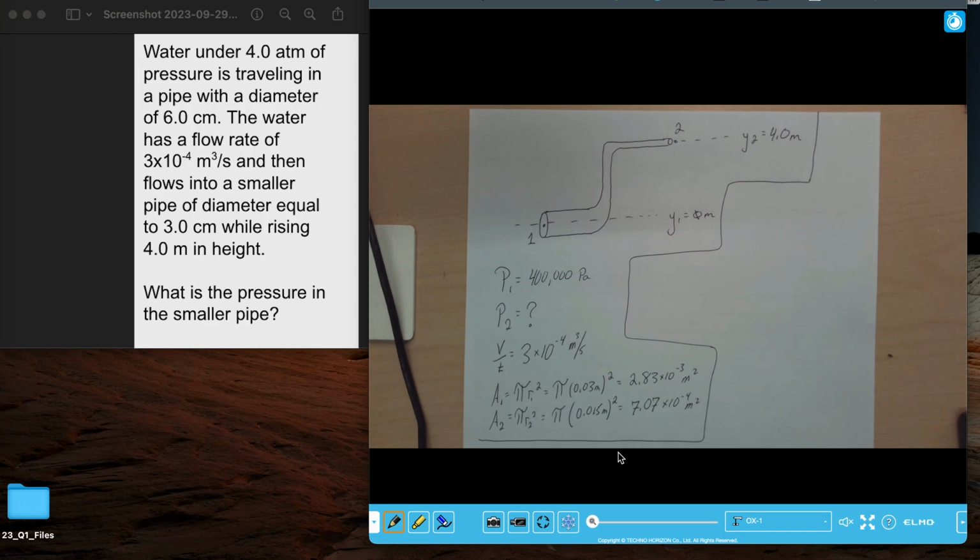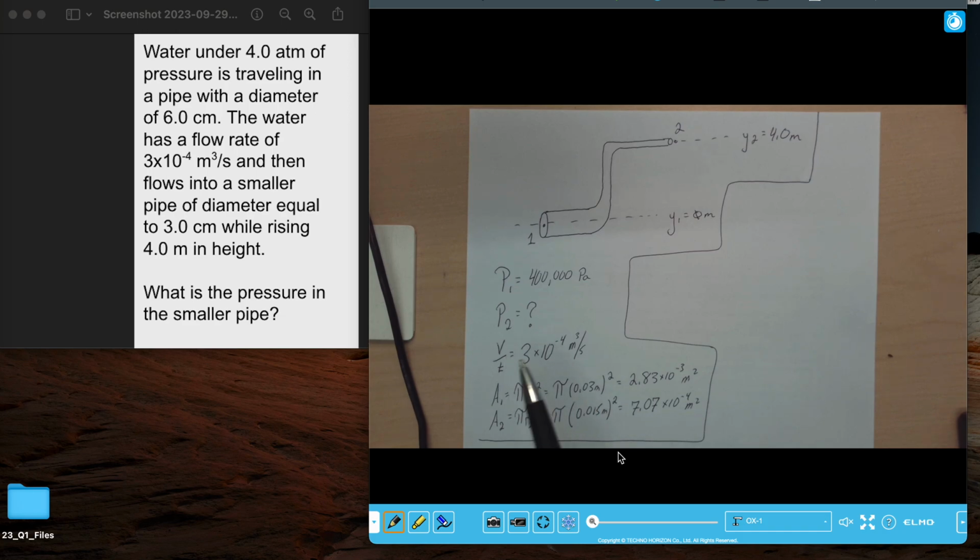It says water under 4 atms of pressure, so that's right here, 400,000 pascals, is traveling in a pipe with a diameter of 6 centimeters, right? So here's the cross-sectional area of that pipe, pi times radius squared, and the water has a flow rate of 3 times 10 to the negative 4 cubic meters per second.